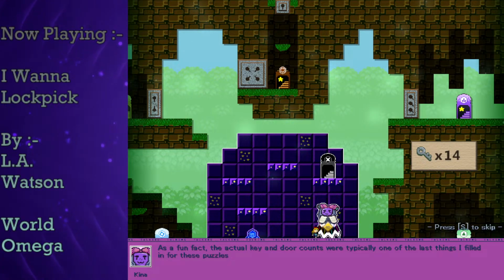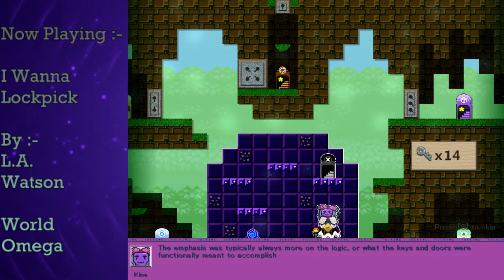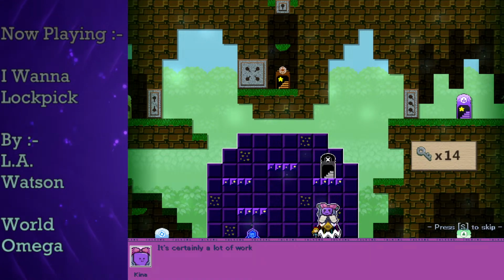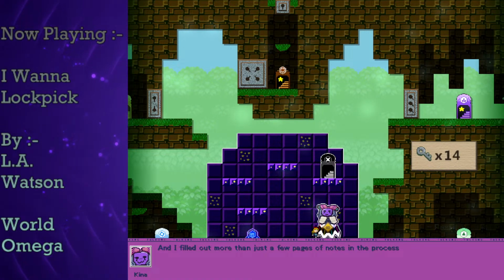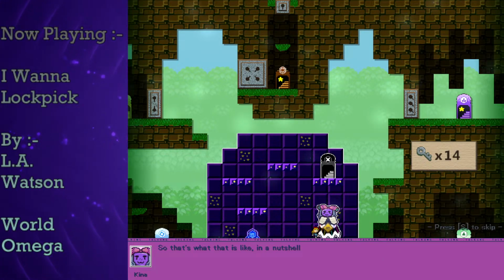As a fun fact, the actual key and door counts were typically one of the last things I filled in for these puzzles. The emphasis was typically always more on the logic or what the keys and doors were functionally meant to accomplish. It's certainly a lot of work, and I filled out more than just a few pages of notes in the process. So that's what it's like in a nutshell.